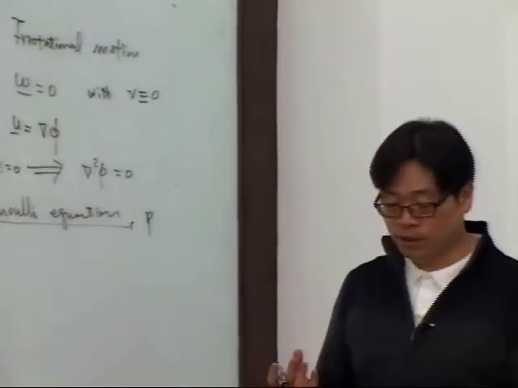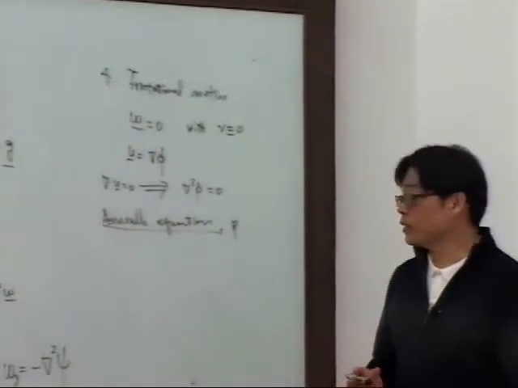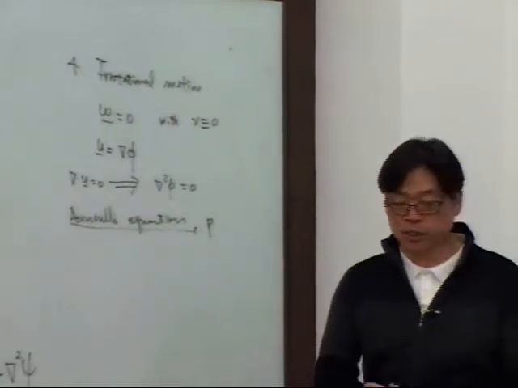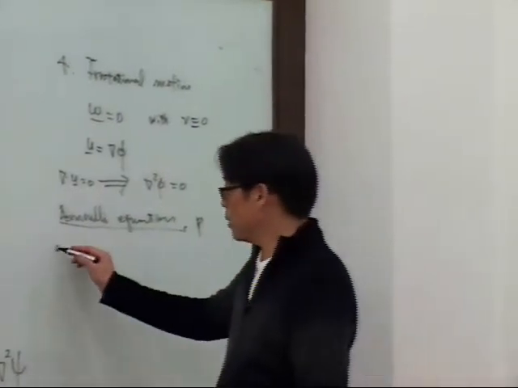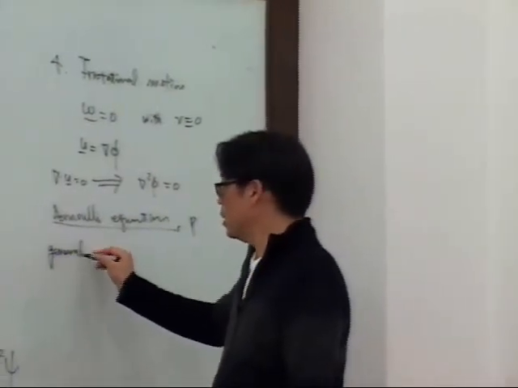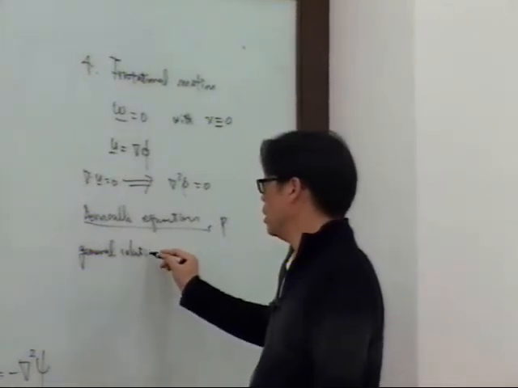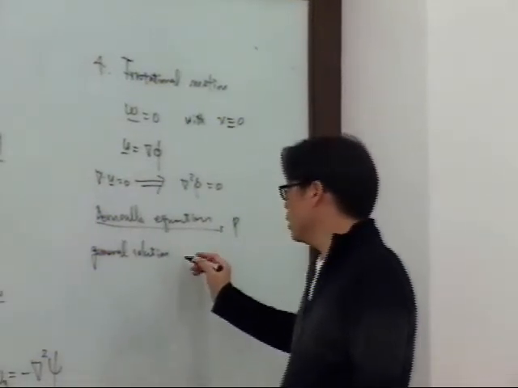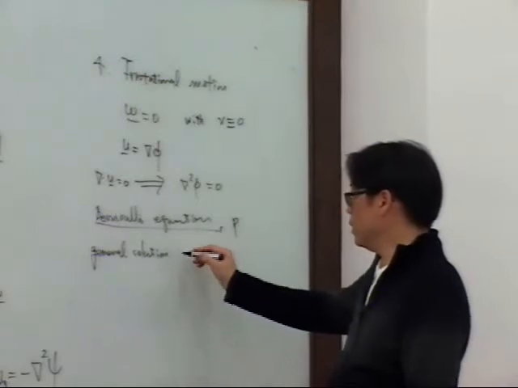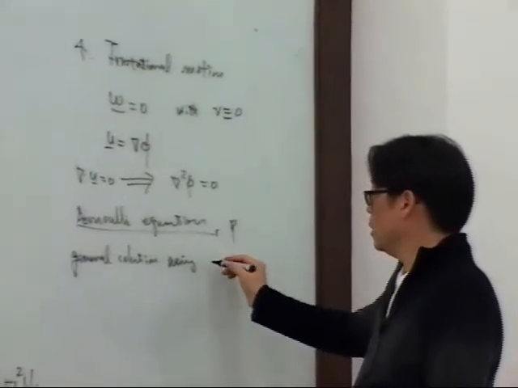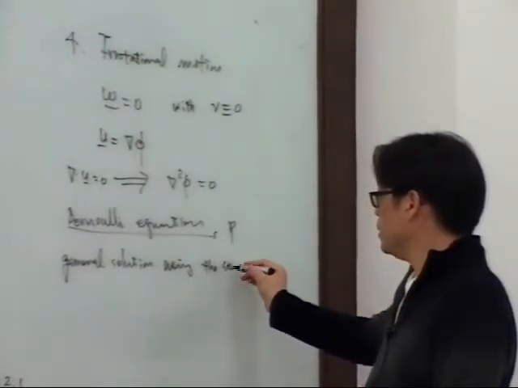So you have to find the velocity potential, and so I introduced the general solution by using separation of variables.